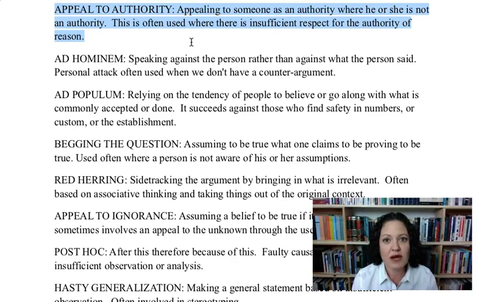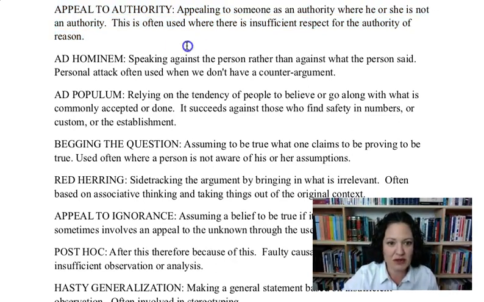He has spoken about philosophy, incidentally, in one of his books. Now, I would like you to think about other examples of this. So people might have authority in one area, but appealing to them for authority in other areas is when we make this appeal to authority.